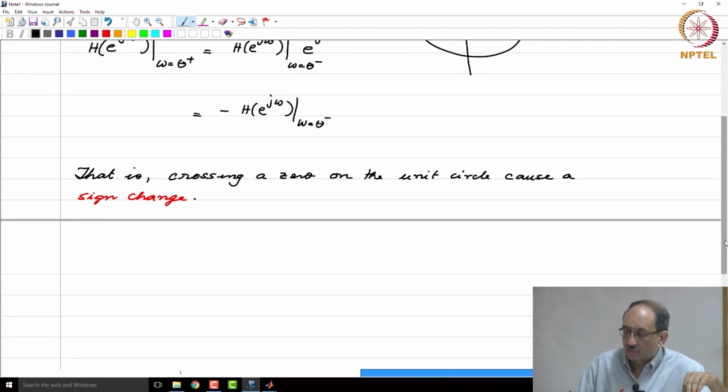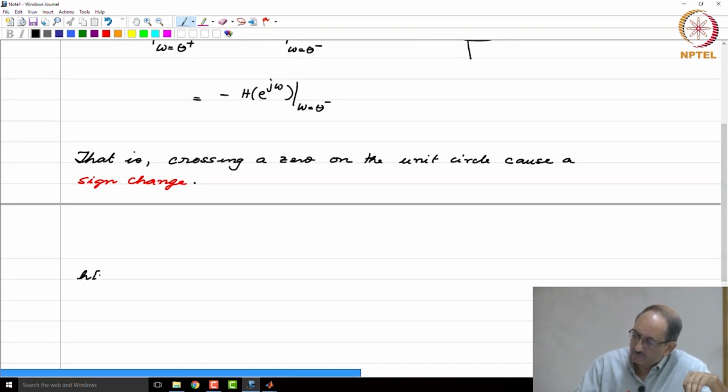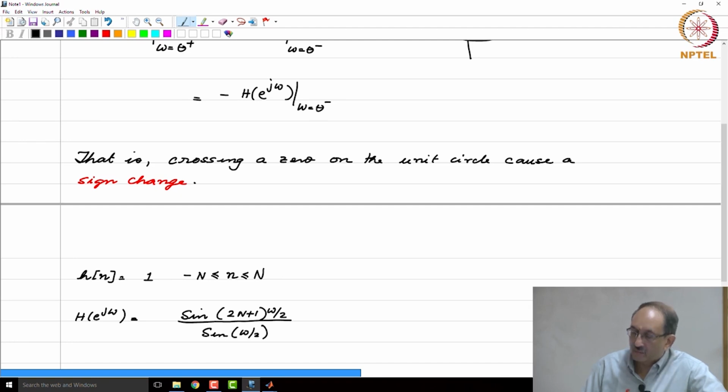Let us now get a feel for this with a specific example. Suppose you have h of n to be 1 between minus capital N to plus capital N, then we know that H of e to the j omega is sine of (2N plus 1) omega by 2 by sine omega by 2.